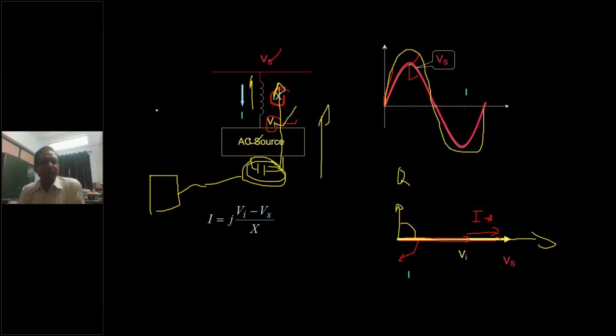If there is a phase shift, we can say the power is equal to Vs into Vi upon X, multiplied by sine delta. What is delta? Delta is the angle between Vi and Vs. When this angle is zero, it exchanges reactive power. When there is a delta, it exchanges active and reactive power also.